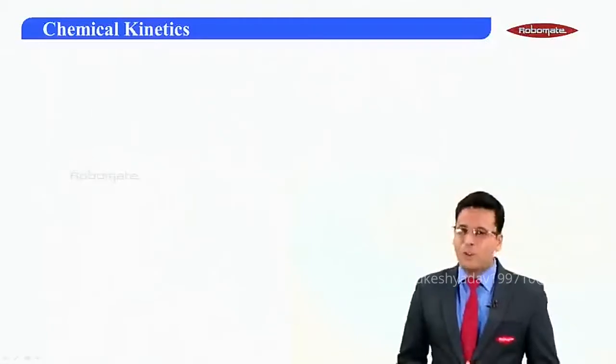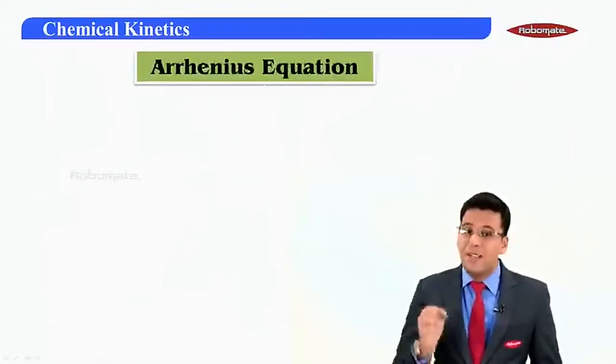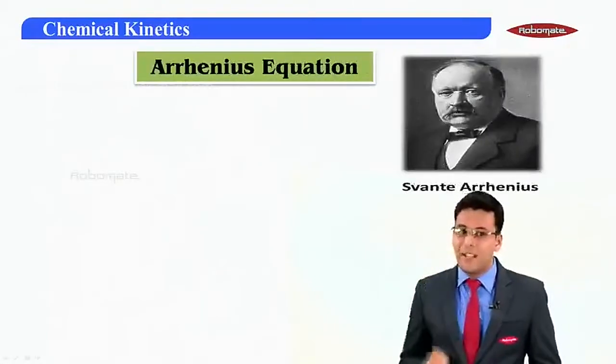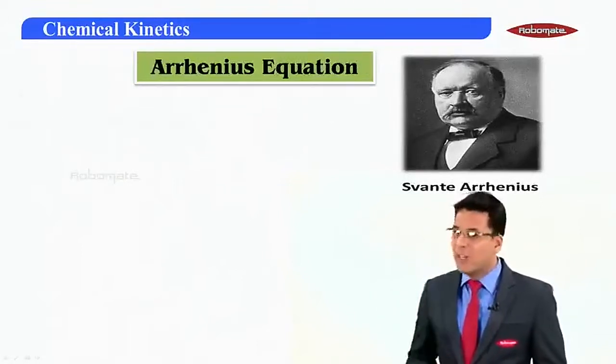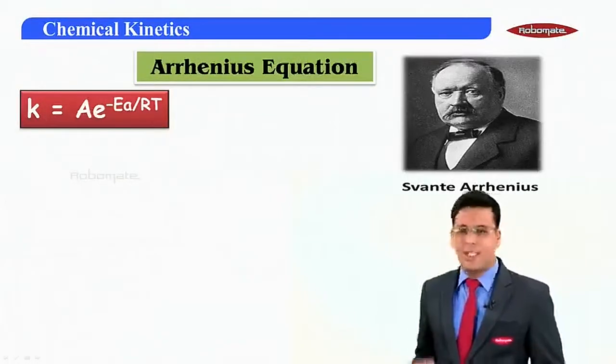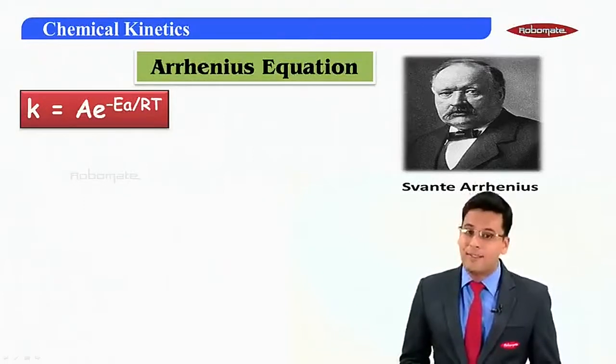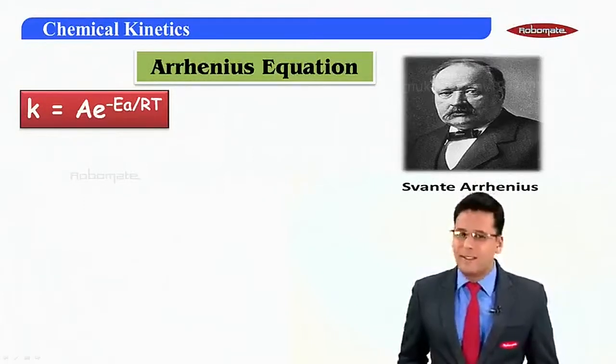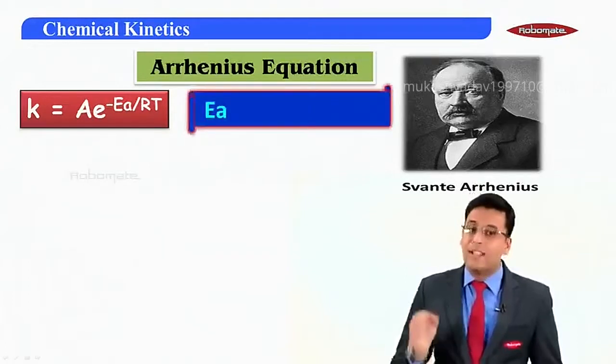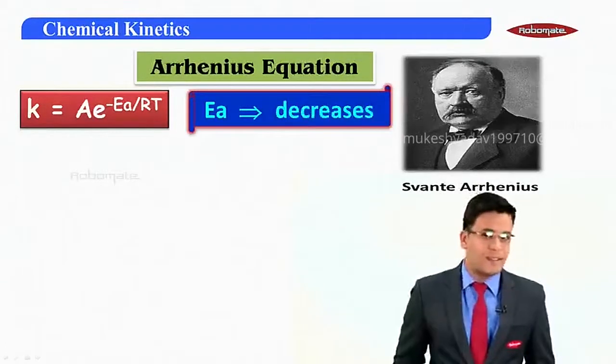Well, we can also understand this with the help of Arrhenius equation. Again, Svante Arrhenius. We know the equation k = A e^(-Ea/RT). Now, when we add a catalyst, we know the activation energy decreases.